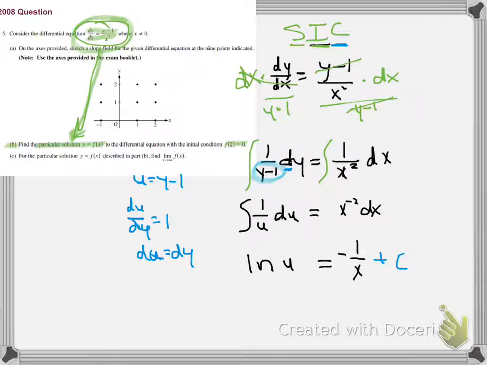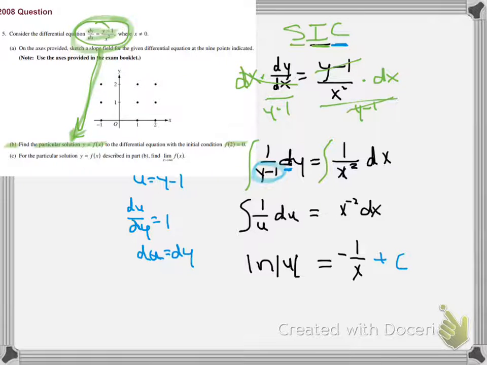Now, I'm forward thinking, because I already tried to work this out one time, and I realized where people are getting their issue. We can't have just the antiderivative of 1 over u being ln of u. It's actually, and this is super important, the ln of the absolute value of u.